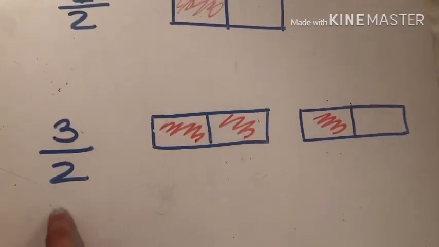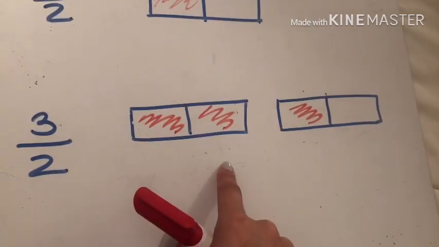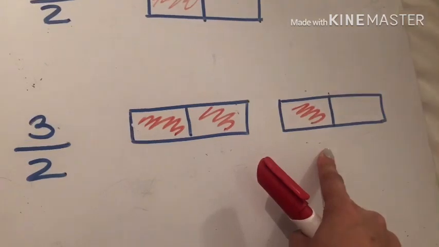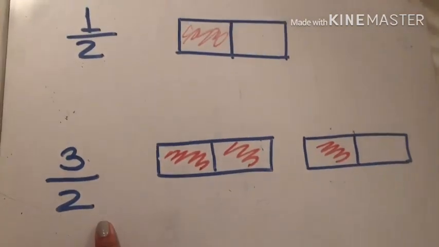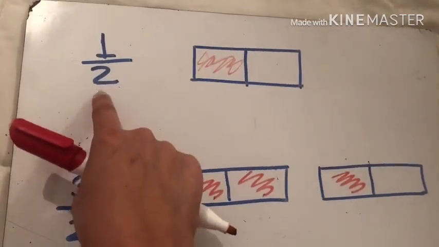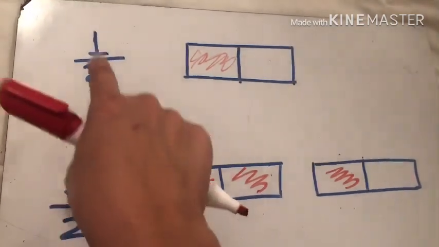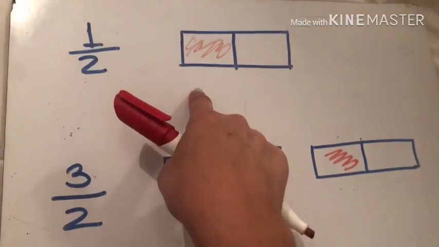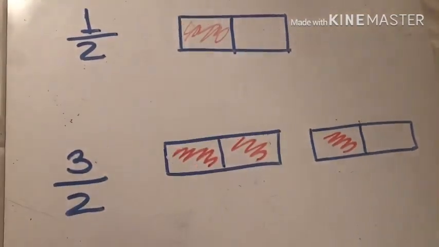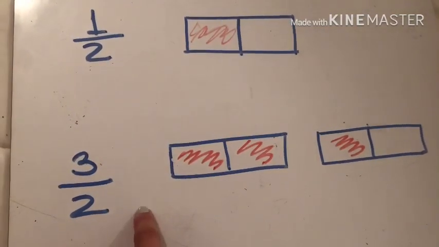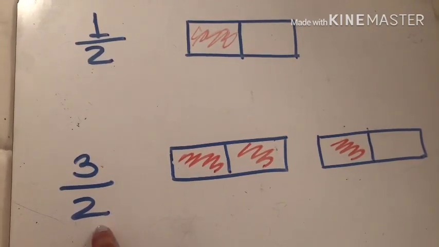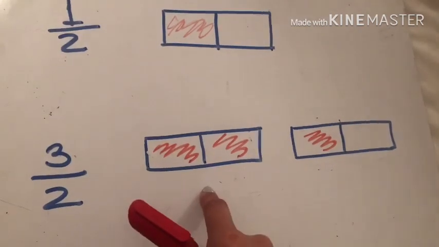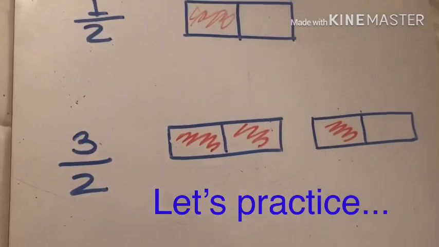See, to represent this fraction, I need more than 1 whole. I need 1 whole, and I need a second whole to be able to represent it. So remember, every time my denominator is bigger than my numerator, I'm only going to need 1 whole. But if the denominator, the number that is at the bottom, is smaller than my numerator, I'm going to need more than 1 whole to represent that fraction.